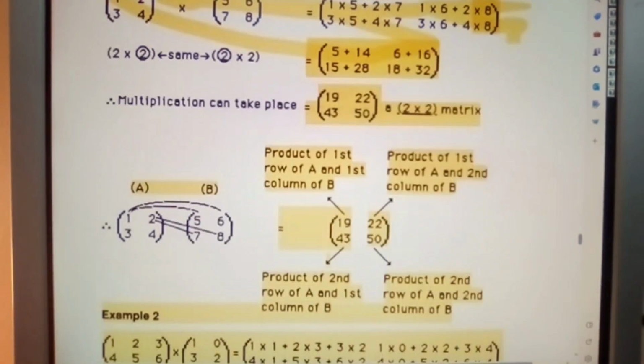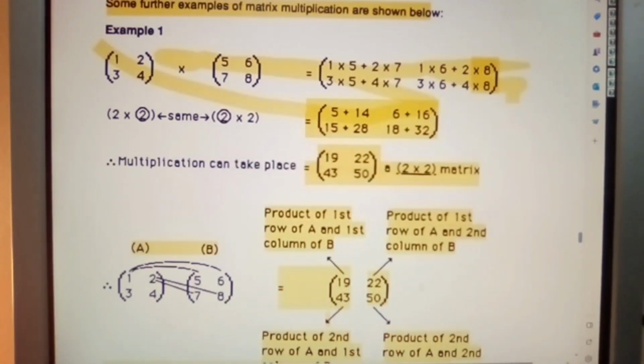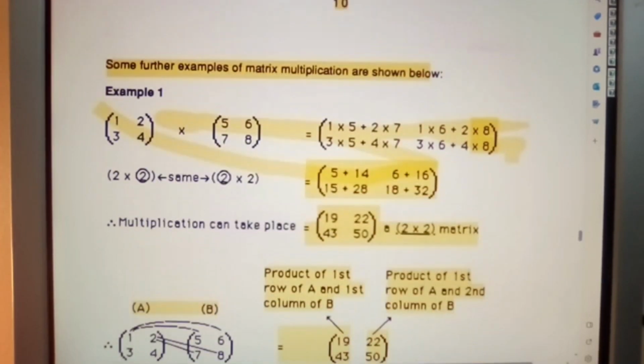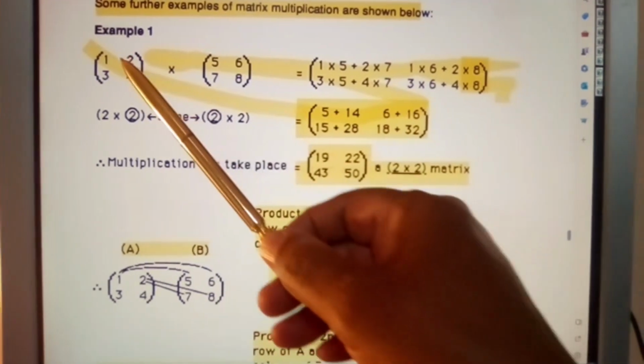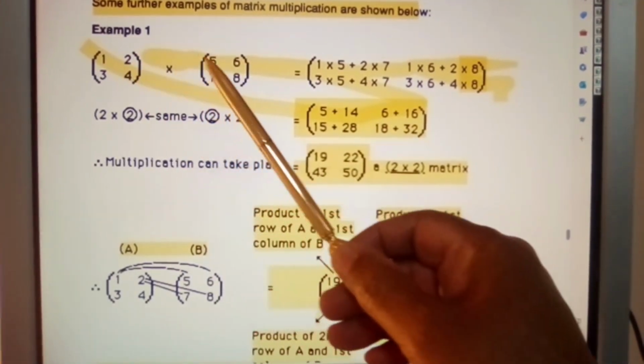And you can see here that multiplication can take place. So it's showing you here how to multiply. And remember utilization of this. See how this has been done, okay?